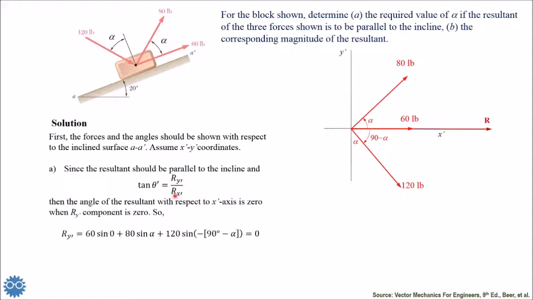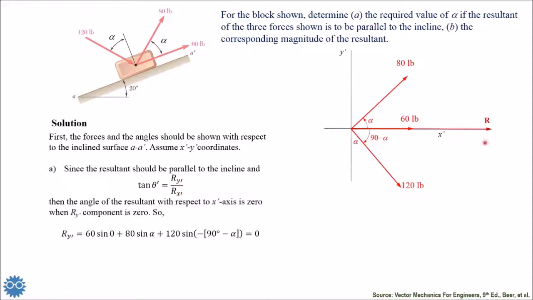If rx prime is 0, tan theta will be infinity, which means that theta will be 90 degrees. And this is not the case. This would be the case if r were vertical in the y prime direction; then rx prime would be 0.